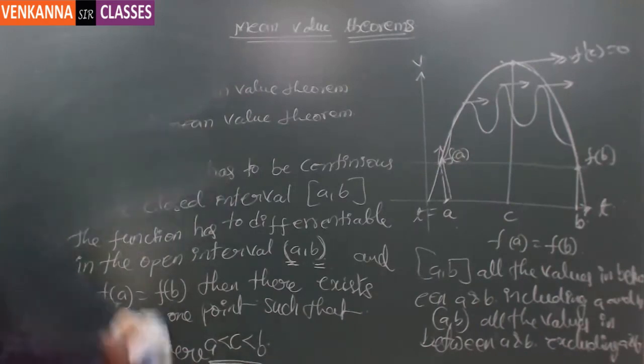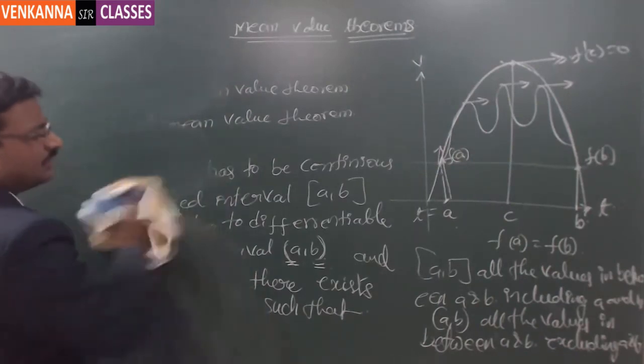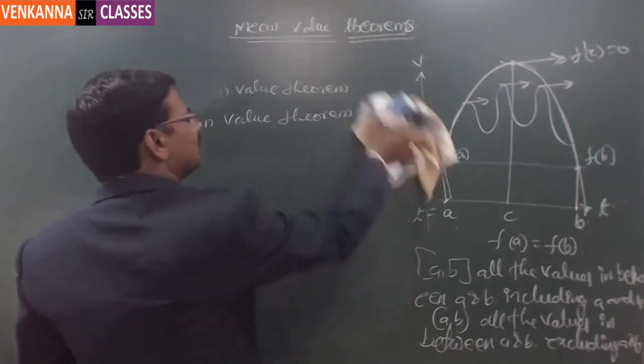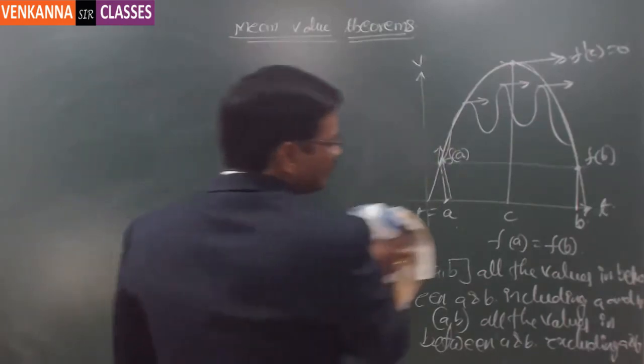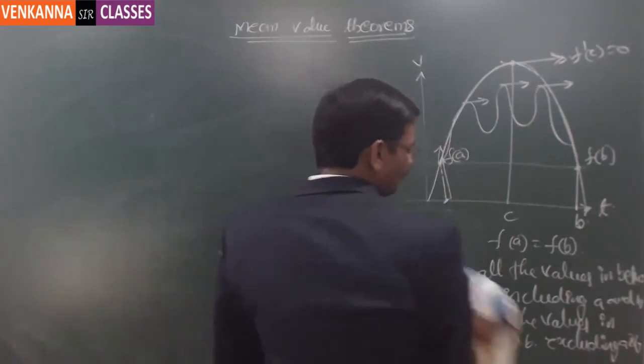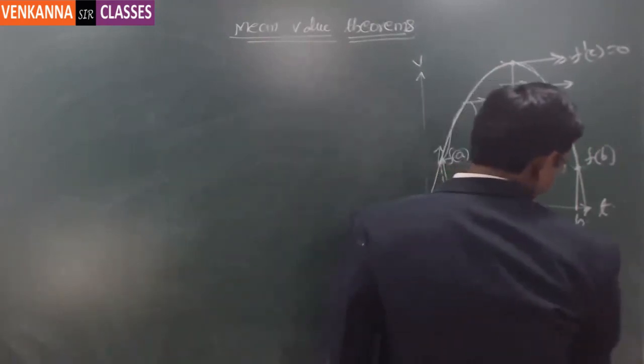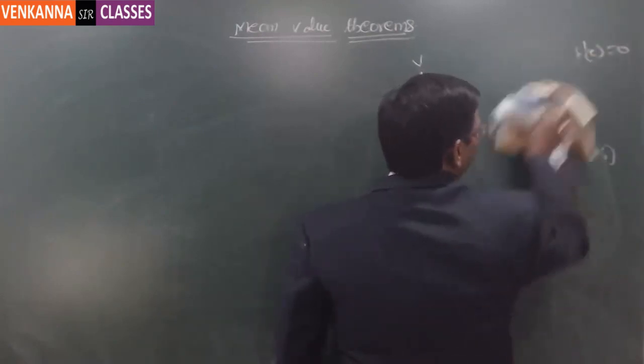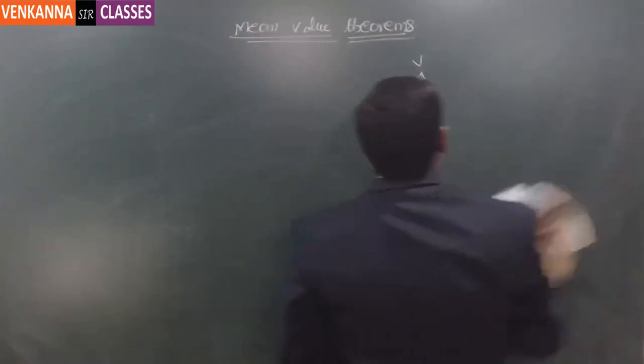Then the Lagrange's mean value theorem. Lagrange's mean value theorem is also called the first mean value theorem, because Rolle's theorem forms one specific case of Lagrange's mean value theorem. So that is a little bit of an extension to Rolle's theorem, but that is more generic.